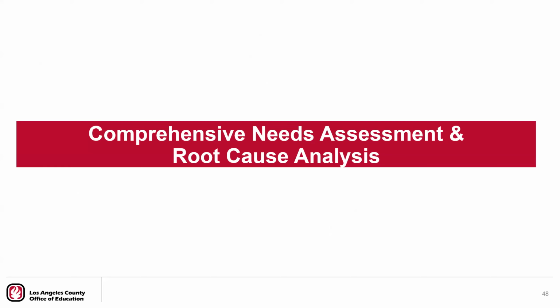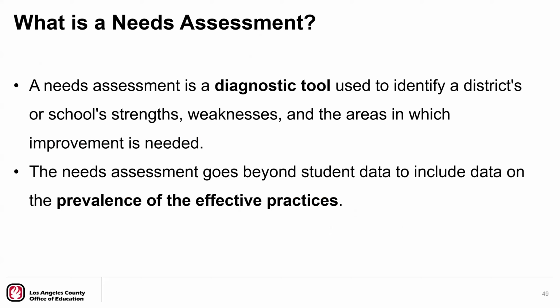Let's take a moment and look at the next few slides and review some components associated with a needs assessment and the significance root cause analysis plays in understanding the why behind student outcomes. So as we know, and just for review, a needs assessment is a systemic process used to identify and analyze the gaps between current educational conditions and desired outcomes.